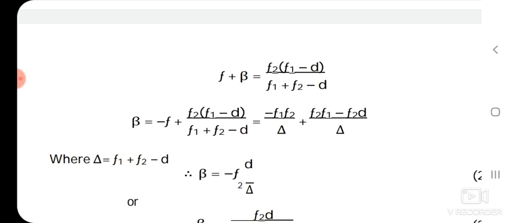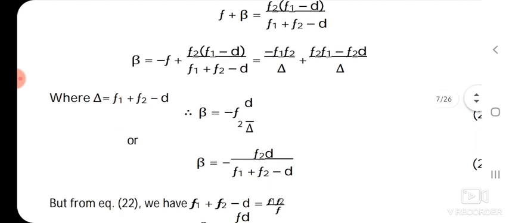So beta is equal to minus F2 D divided by F1 plus F2 minus D.